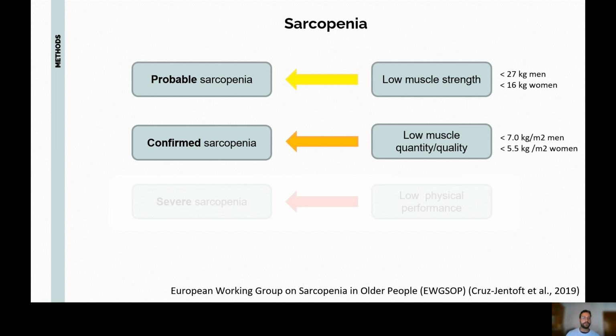Here you have the cutoff points, which determine if this subject has a probable sarcopenia. Then it takes into account muscle quantity or quality. In our case, we measured this with the skeletal muscle index, and here you have also the cutoff points. Having these two items of the classification, you have confirmed sarcopenia. The algorithm also takes into account low physical performance, but we didn't use this in our study.